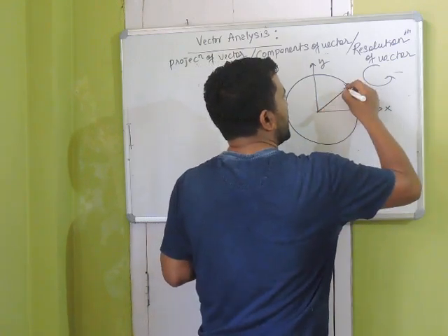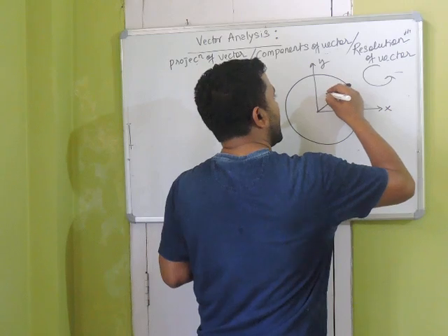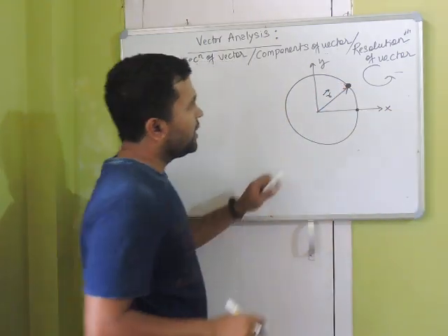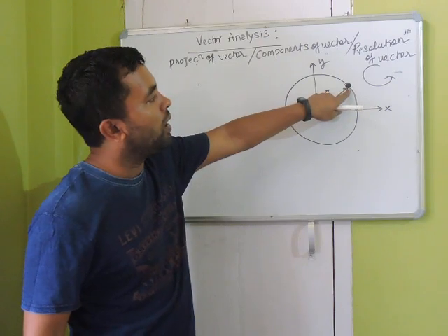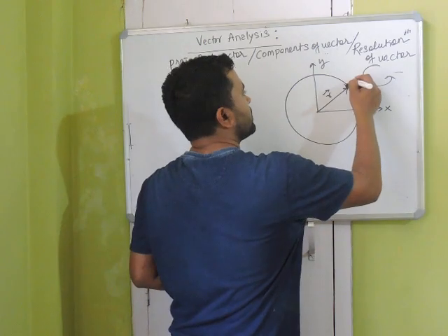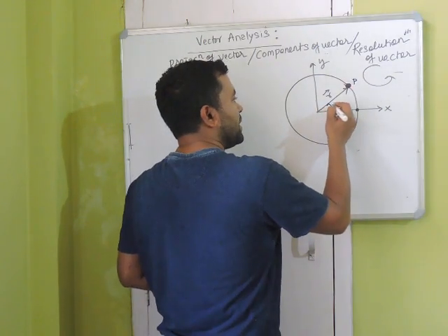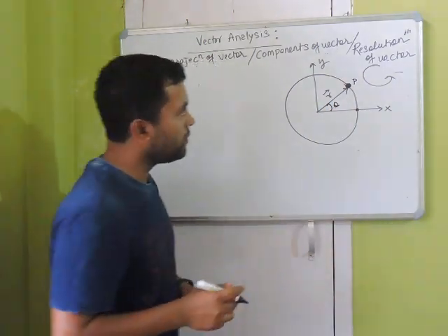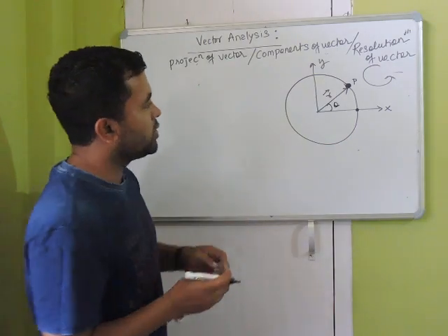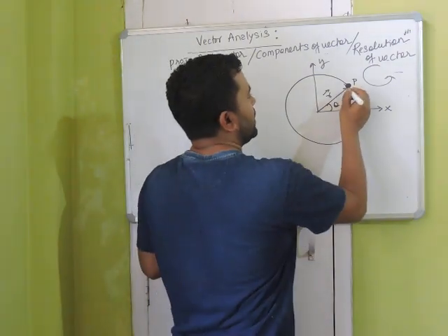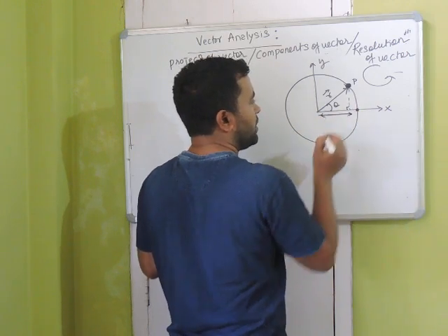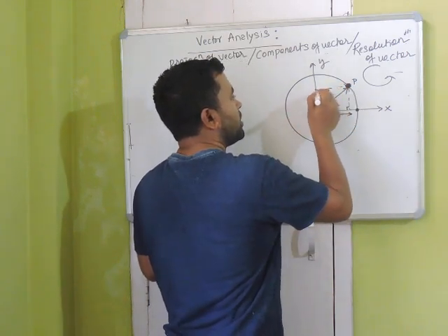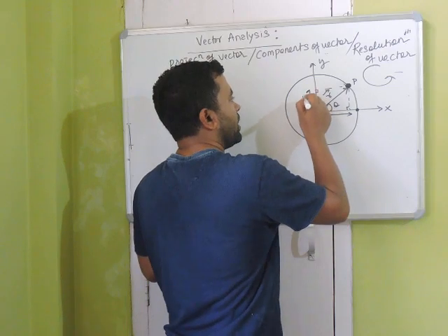So if I draw a vector and write it r vector, this is the position vector of this particle P, and let us say it makes an angle theta. Then if I drop a perpendicular, this will be the x component of r, and if I drop a perpendicular, this will be the y component of r.